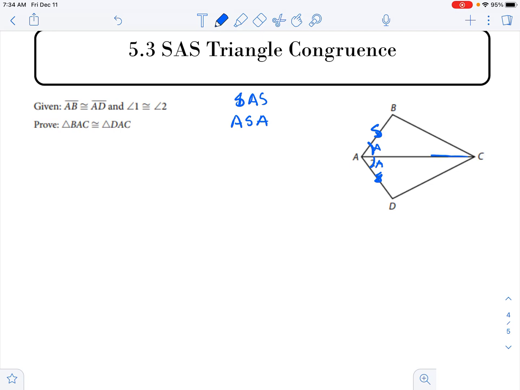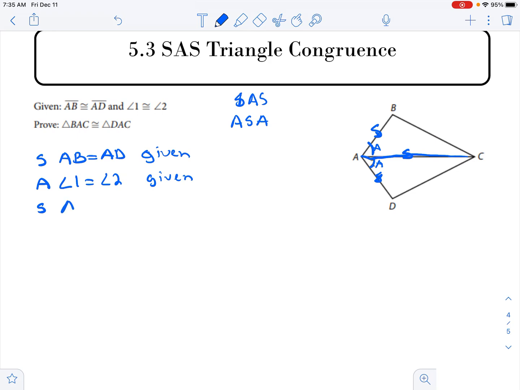But if I look at this again, AC is congruent to AC, that would be a side. That's our reflexive property. And so we go down through it, say side, angle, side. So I know that AB is congruent to AD because that's given to us. I know that angle 1 is congruent to angle 2 because that's given to us.